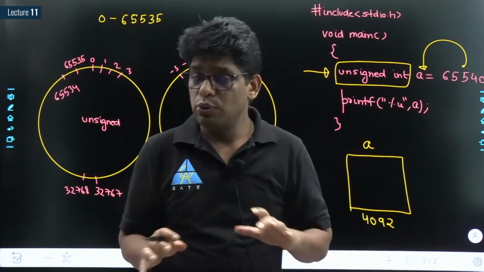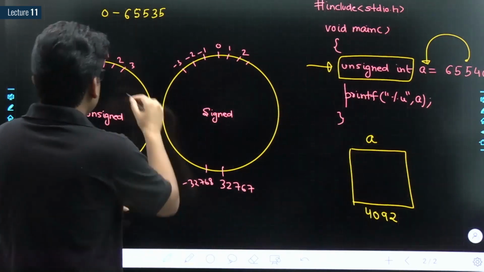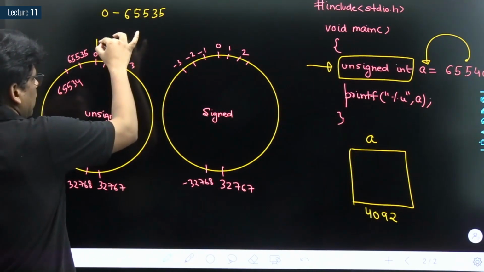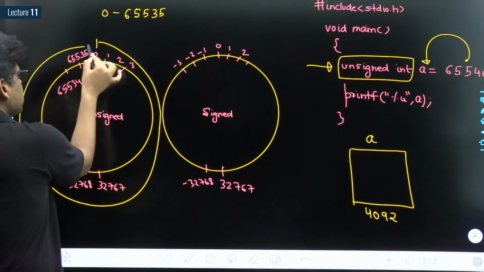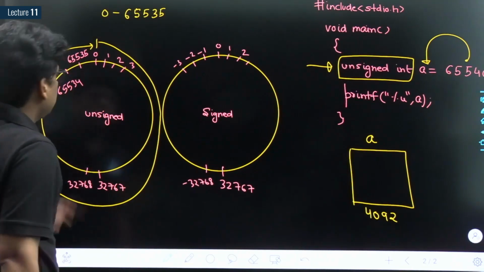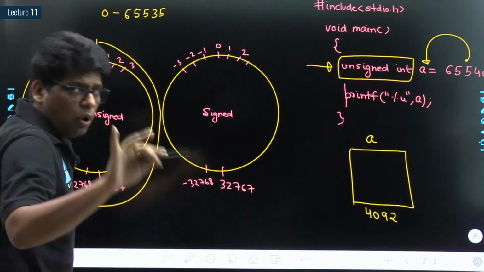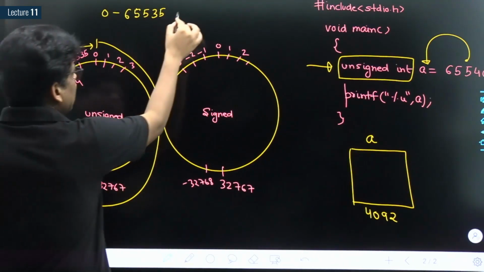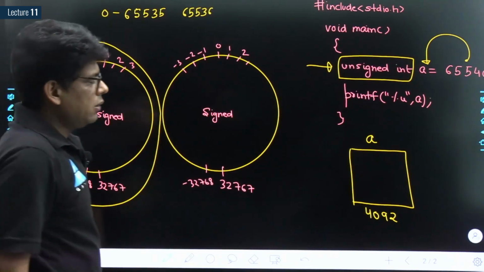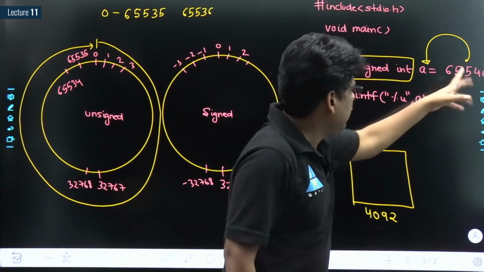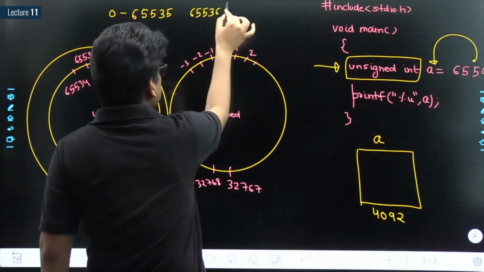Is it an error? No, sir. What should we do? Since it is a positive number, we keep on counting. That means we started from here, 1, 2, 3, and we complete the entire circle. How many values have we covered? From 0 to 0, we have covered all values. How many are they? 65536. But our value 65540 is how much more than 65536?